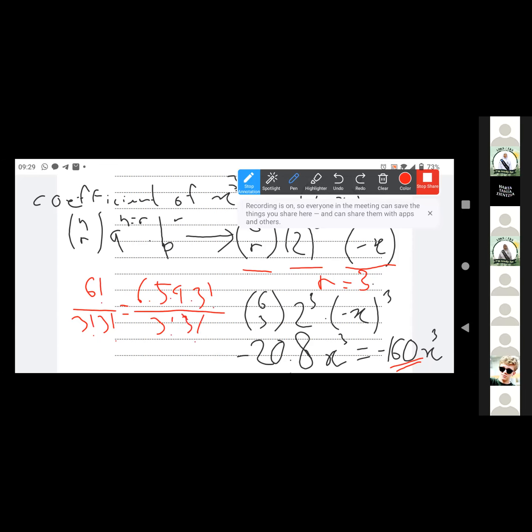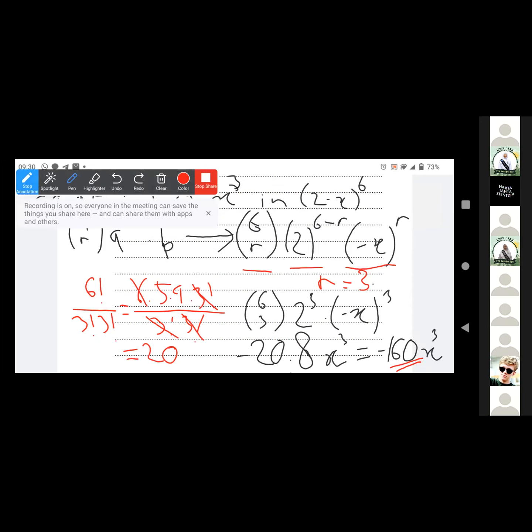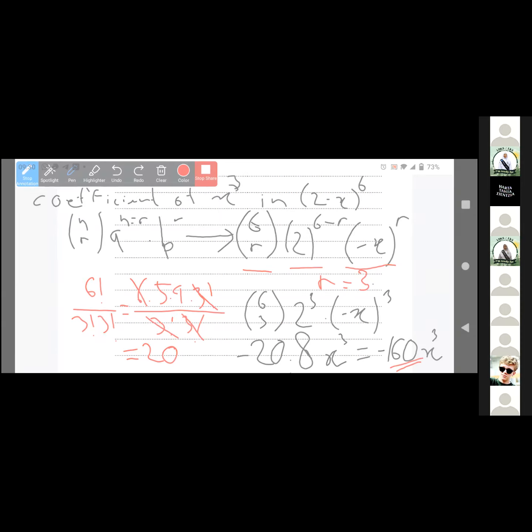We can cancel out the 3 factorial, and the other 3 factorial equals 6, so we can cancel it with 6, and we'll get 20. And why negative? Because it is negative x to the power of 3, so I put the negative in front.